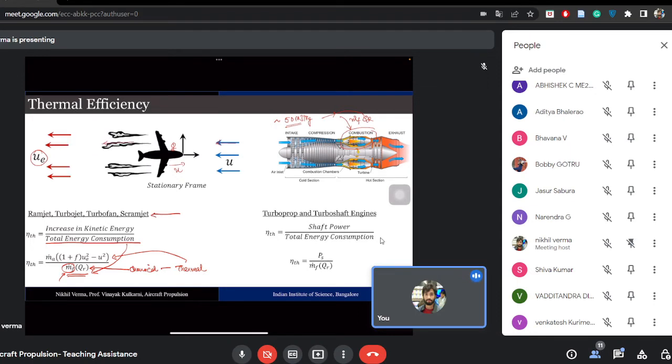Whereas in case of turboprop and turboshaft, we have a thermal efficiency, but it is denoted by the shaft power. Here the major importance is the shaft power, not the increase in the kinetic energy. So how much shaft power is being fed after burning some m dot f amount of fuel. Is that clear?